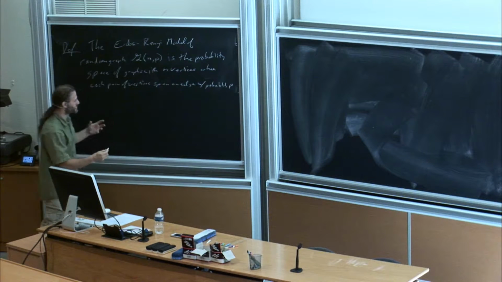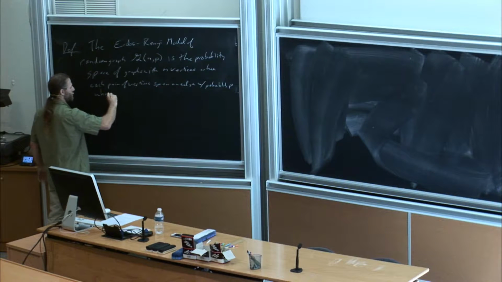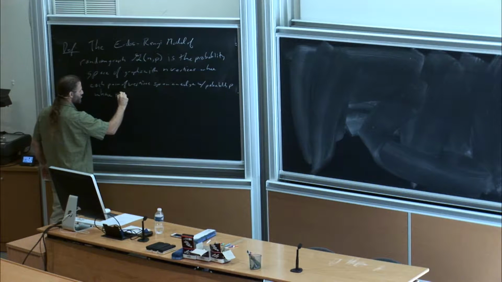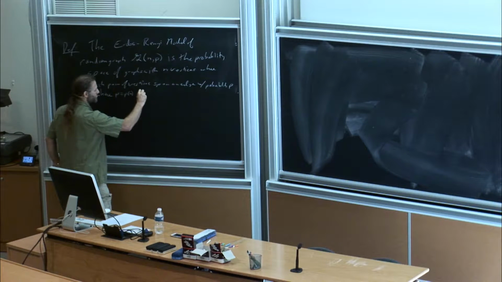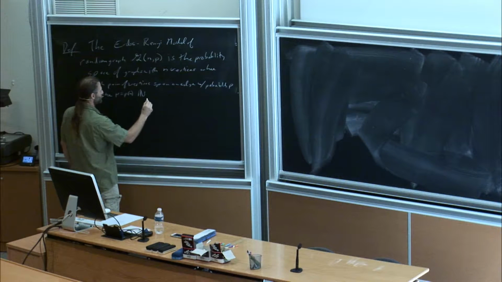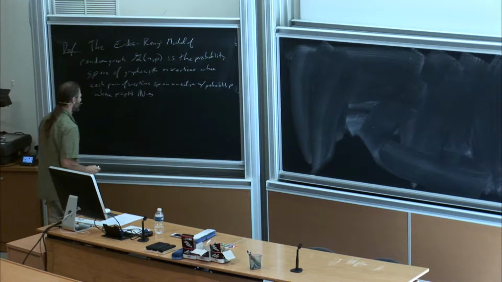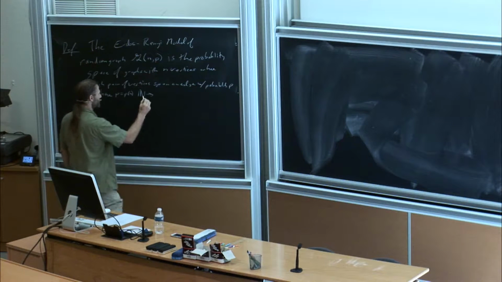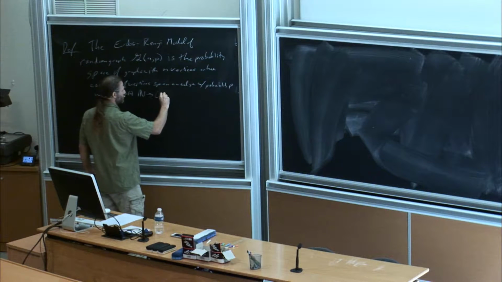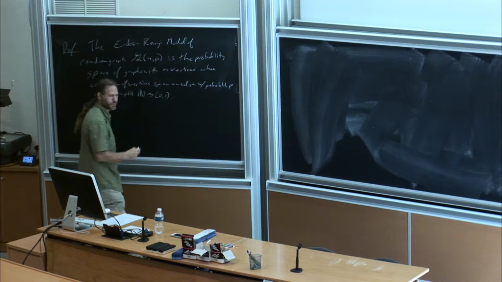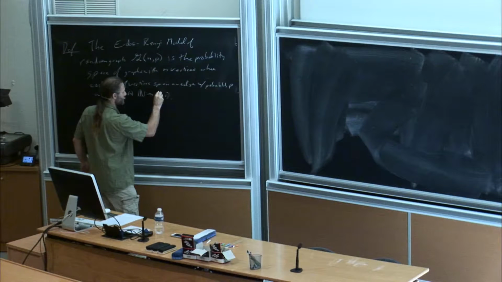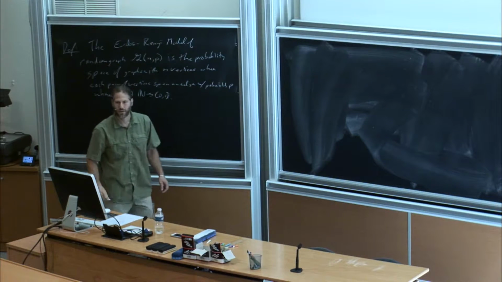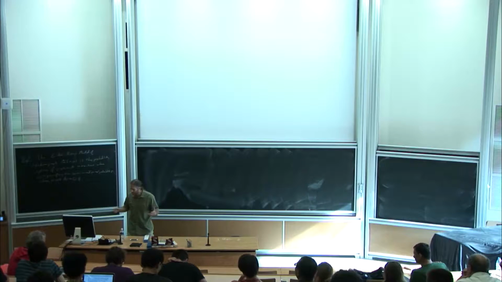Here p is some fixed function. I'll usually write p, but really it's p of n, and it's some fixed map from the natural numbers to (0, 1). Actually, usually I'll say it's strictly inside 0 and 1. So that's what a random graph is.